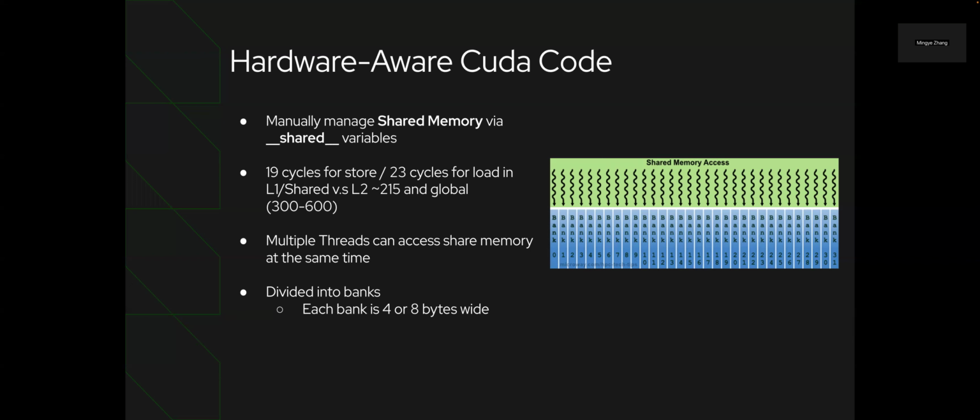It is divided into units called banks, and each bank is 4 or 8 bytes wide depending on the configuration of the architecture. As long as each thread is accessing a unique bank, there's no conflict, and we can leverage the parallelism in the shared memory. Otherwise, the accesses have to go in some sort of order.